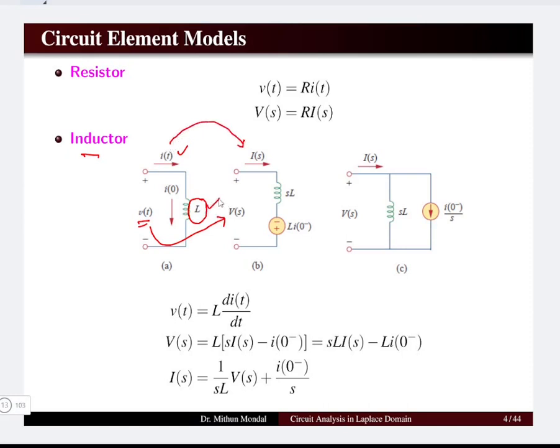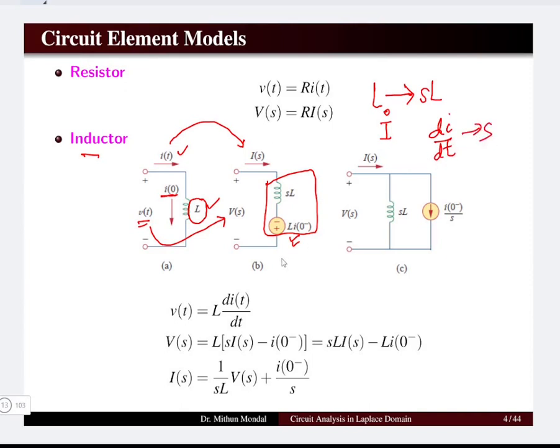The inductor will be converted into an inductor with a voltage source, because the initial current in the inductor is I of 0 minus, which can be written as L into I of 0 minus, and the inductor L will be replaced with S into L, because we have the current derivative in the time domain. So in order to take into account di by dt, we convert that in the frequency domain by S.